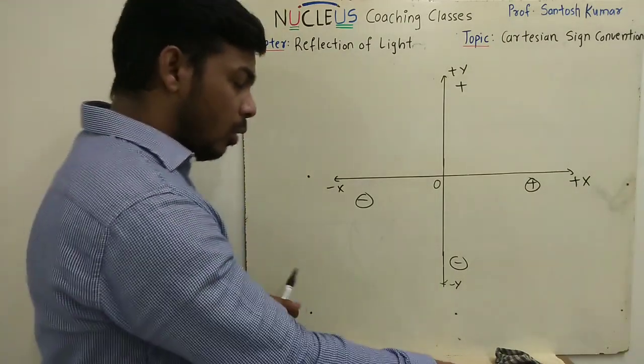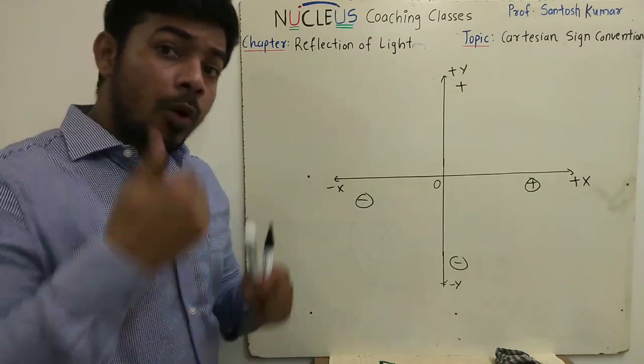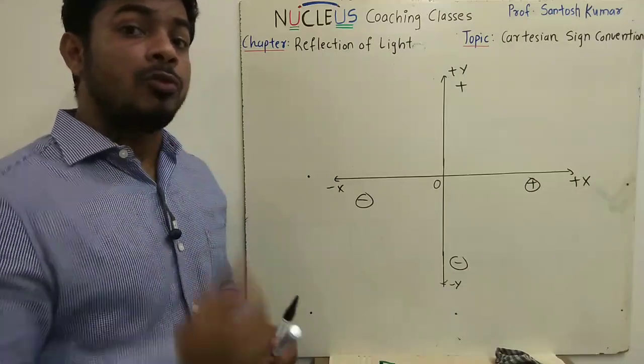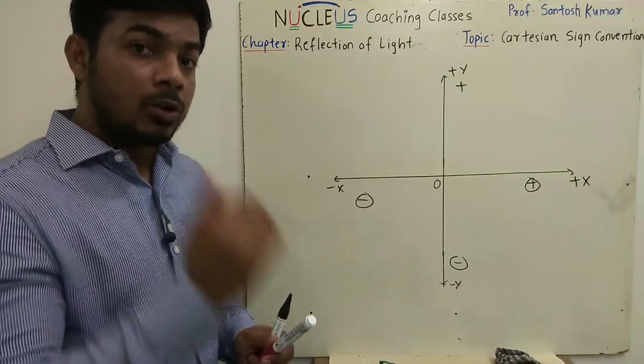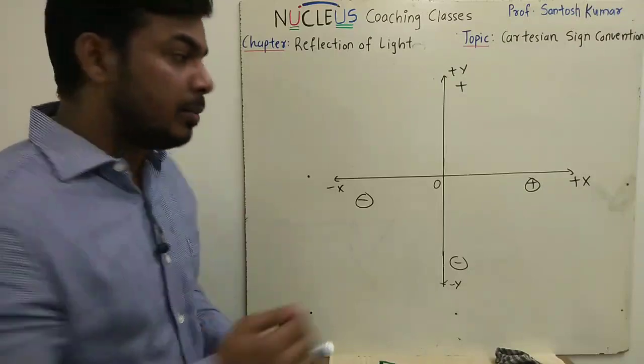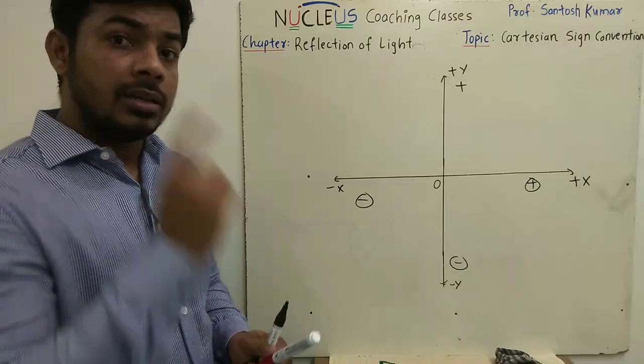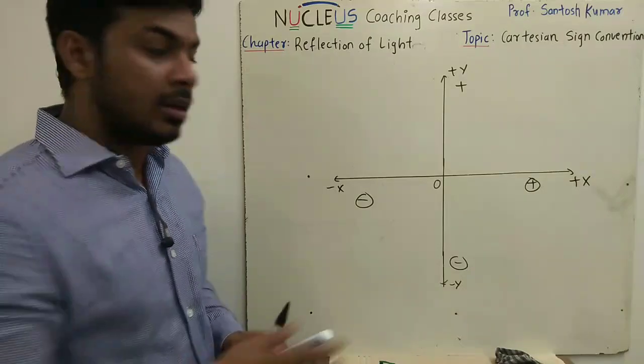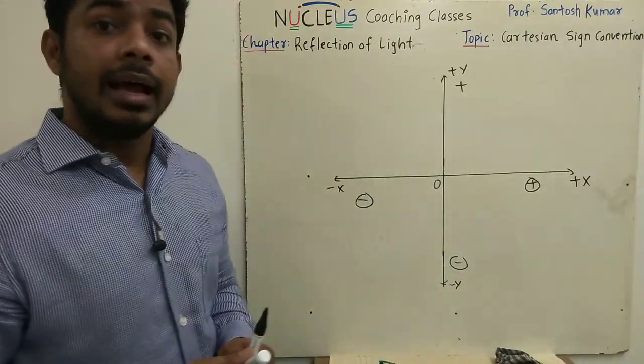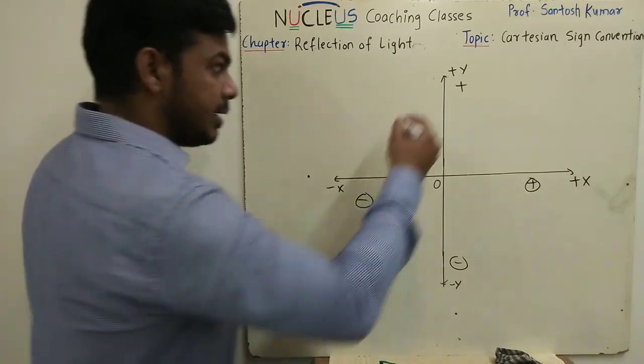Now what I will do, I will coincide the pole of a spherical mirror with the origin of the coordinate axis such that the principal axis of the spherical mirror lies on the x-axis. So let's see.